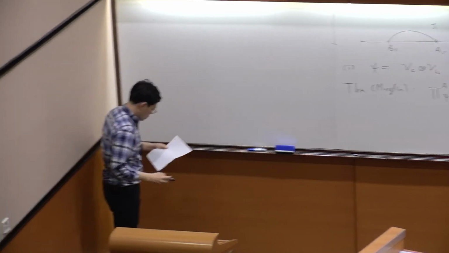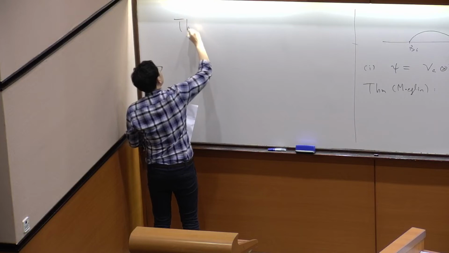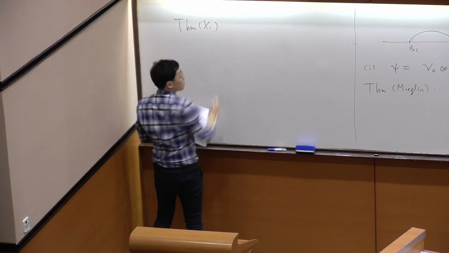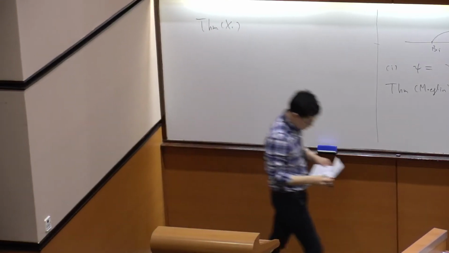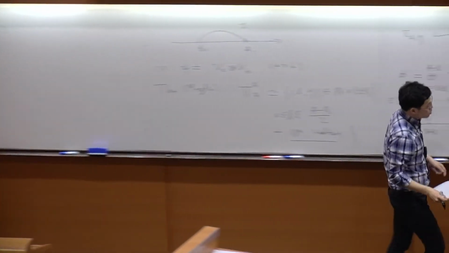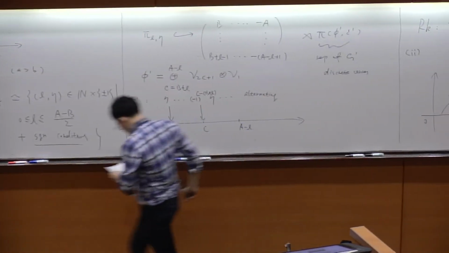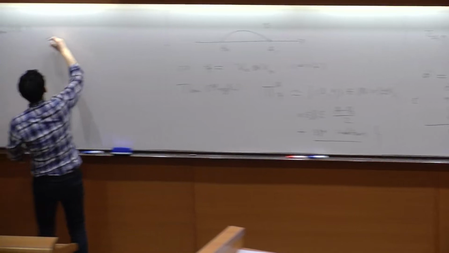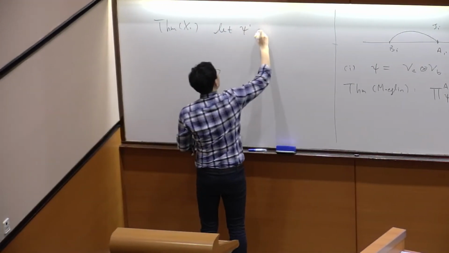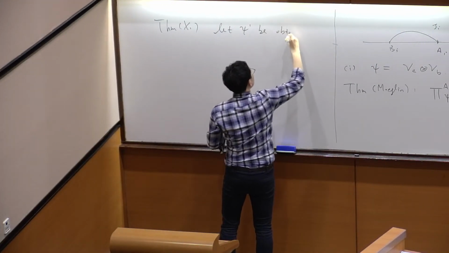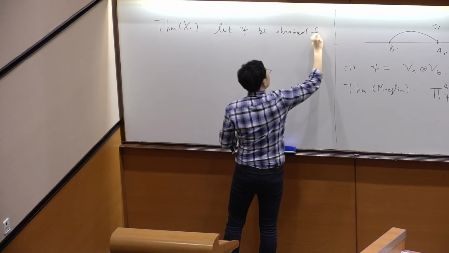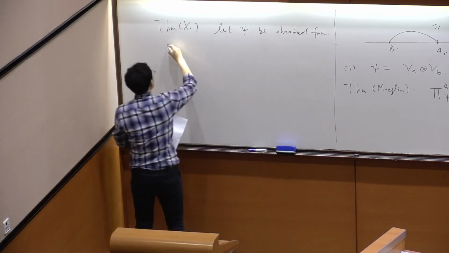So our first result is how we are going to understand the A packet in this case. So we need to introduce a new parameter. Let me call that psi prime. And it's obtained from this psi in the following way.